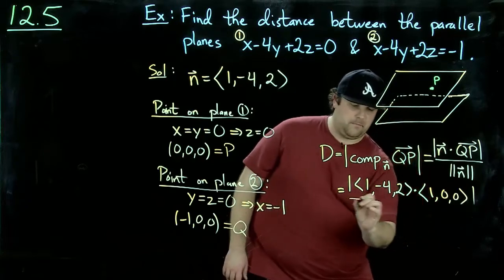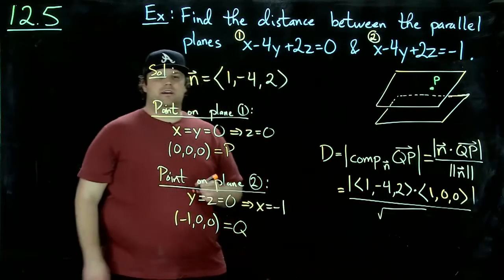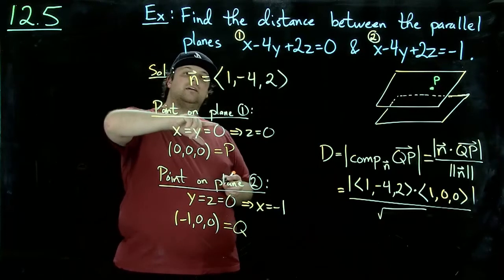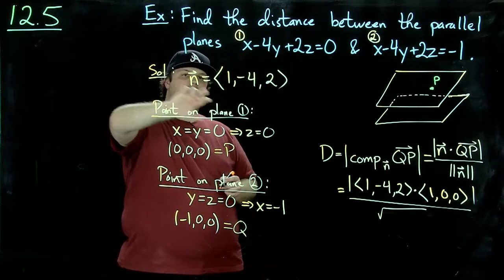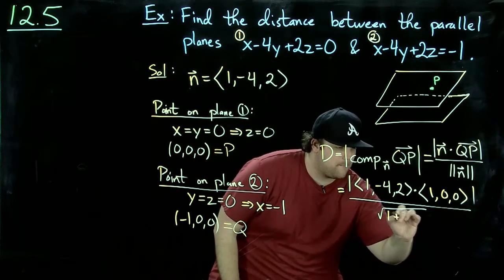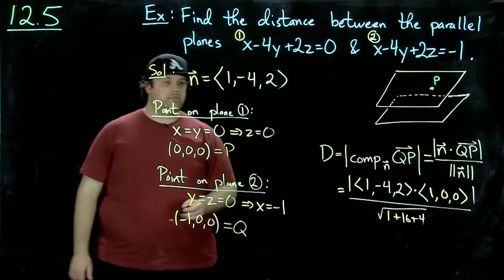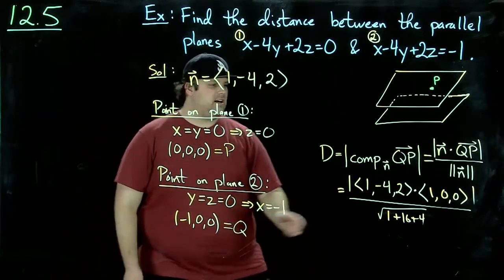And our absolute value. All right, and now we divide by the magnitude of the normal vector here. So 1 plus 16 plus 4, and square root that. All right, so what is the dot product up here?